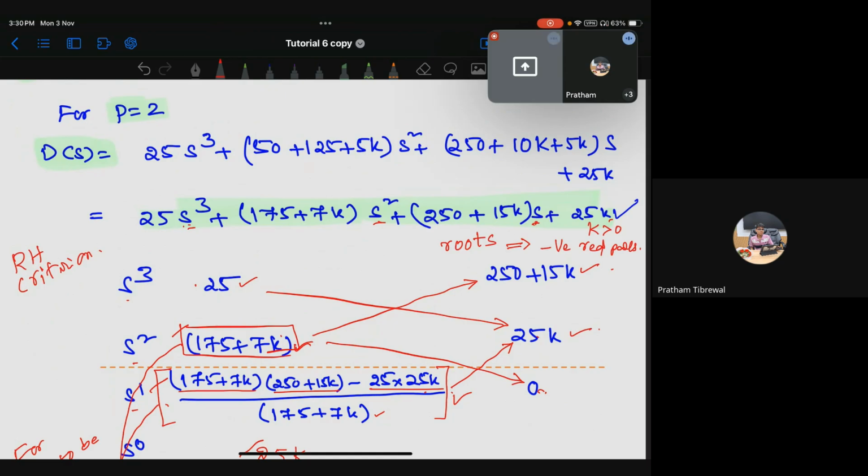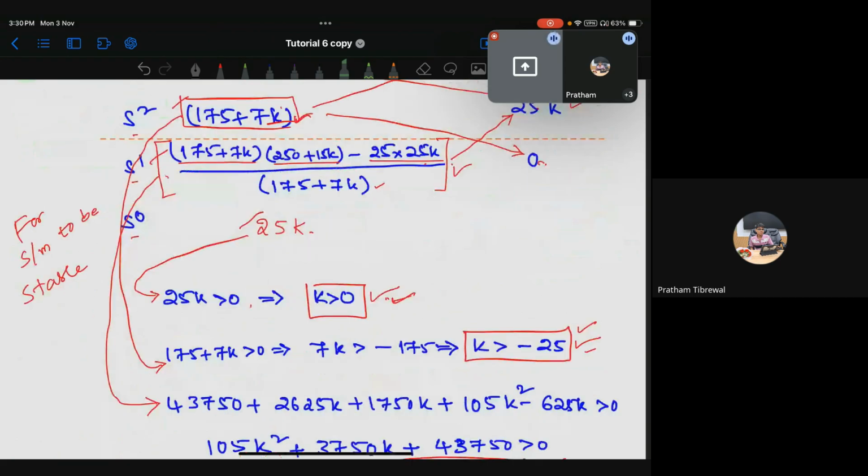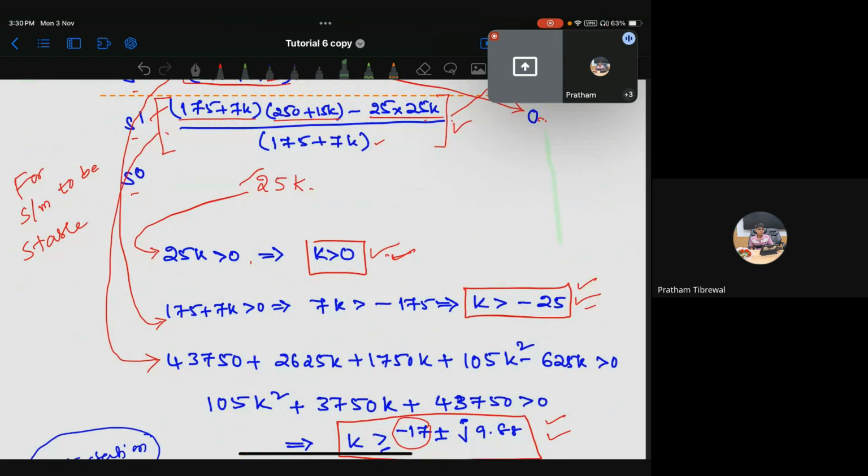Is that clear? Negative real parts means what? Negative real poles mean our system is stable.